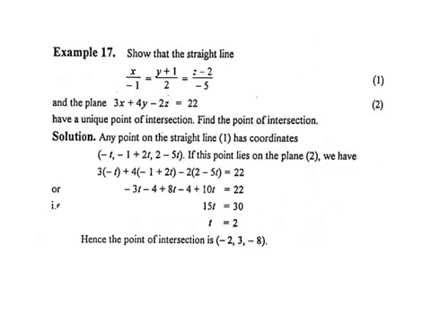After solving the brackets, we are left with minus 3t minus 4 plus 8t minus 4 plus 10t equals 22. That gives 15t equals 30.